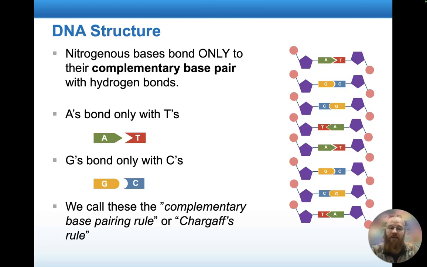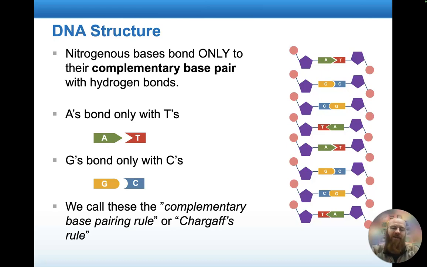A's are always with T's. Okay, so if you've got an A on the left, you will always have a T on the right, and vice versa. Easy way to remember this, you might have seen in some other videos that we've reviewed: the apple is in the tree. Okay, so the apple is in the tree, A's with T's.